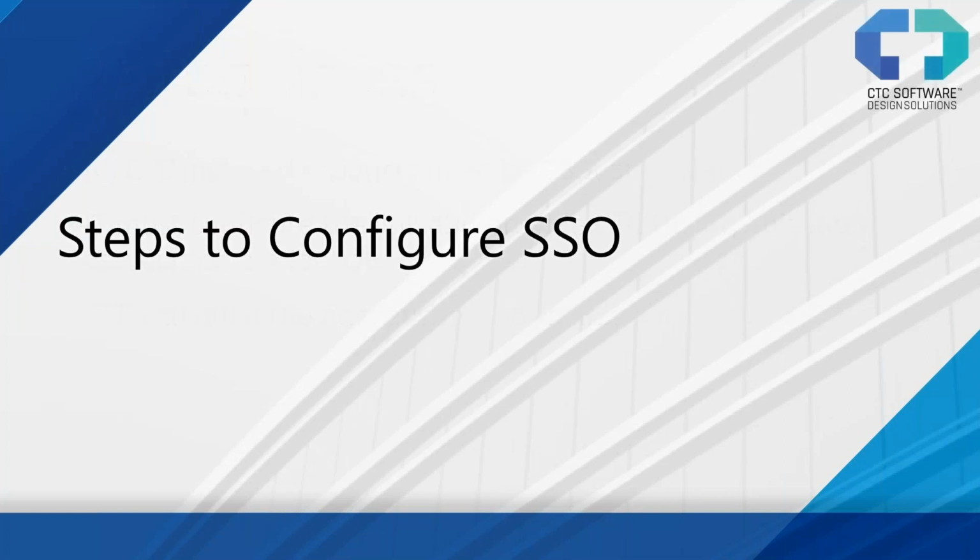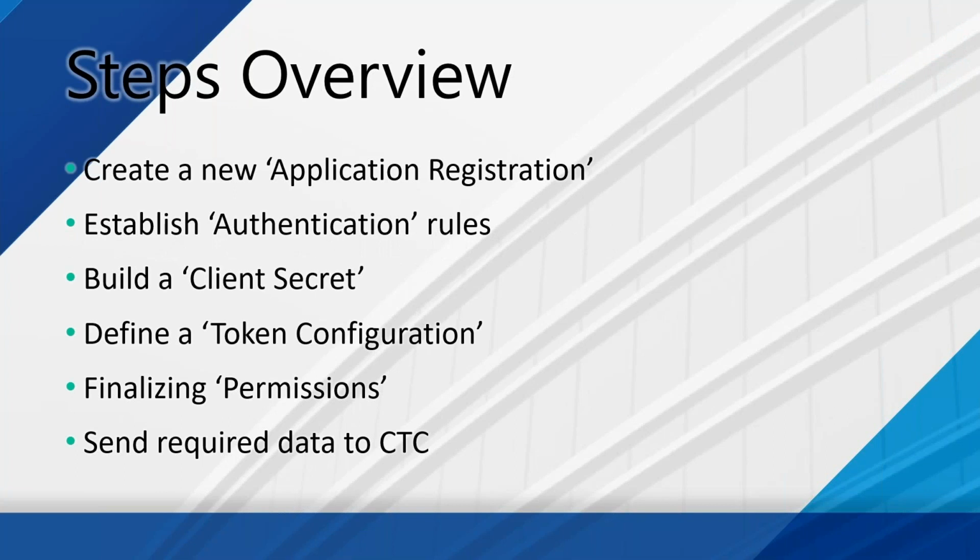I want to take you through what the steps are for IT to go through to configure single sign-on. There are a few steps. It's fairly easy. They've probably done it many times. And we have a little document that tells exactly the values that they need to use. We'll talk about that at the end of this session as well. But these are the exact steps. They need to create a new application registration. This is the Azure Active Directory steps.